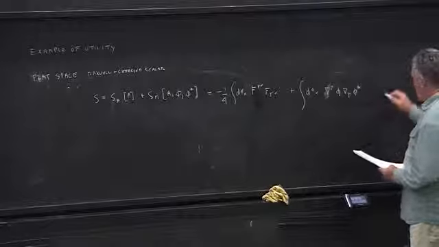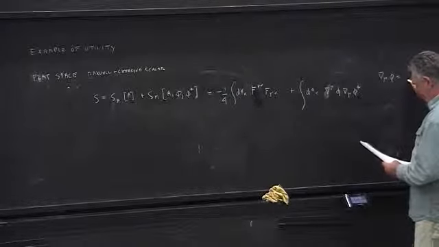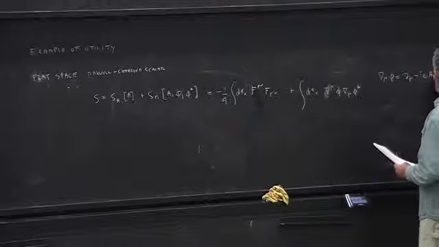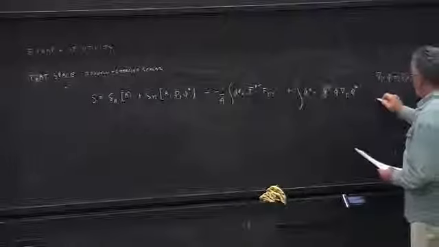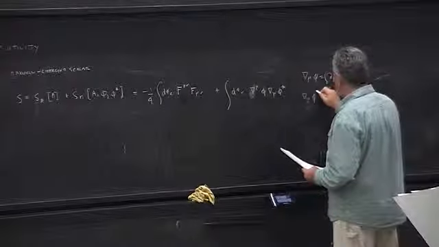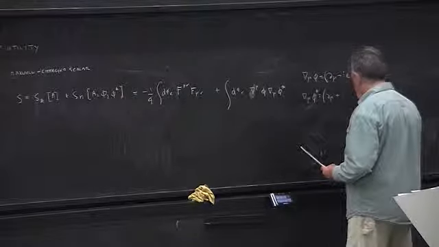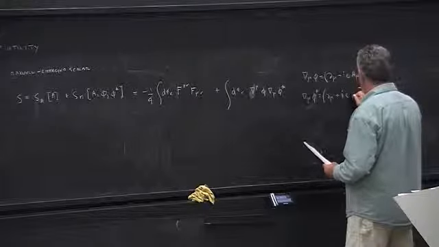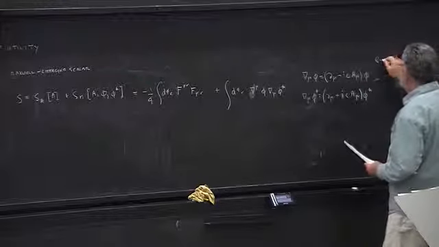But we need a covariant derivative in the Maxwell sense, nabla mu phi is d mu minus i e A mu phi, and nabla mu phi star is d mu plus i e A mu phi star, and e is the charge.